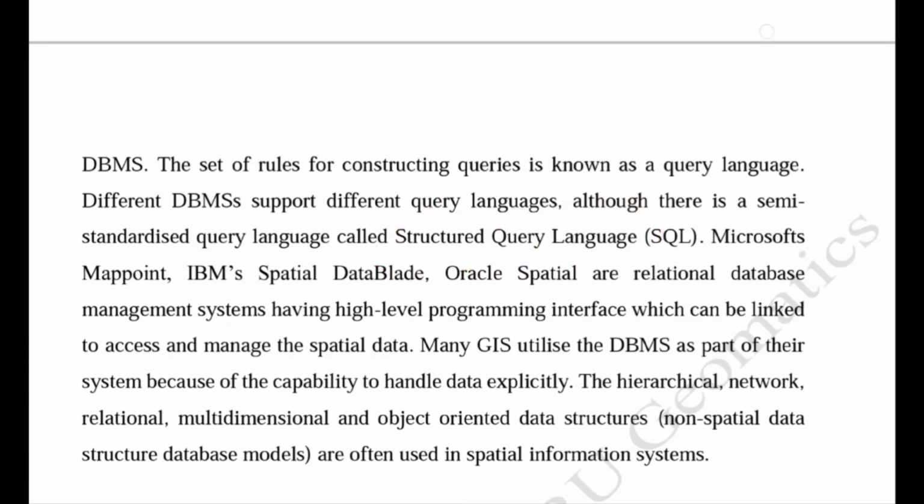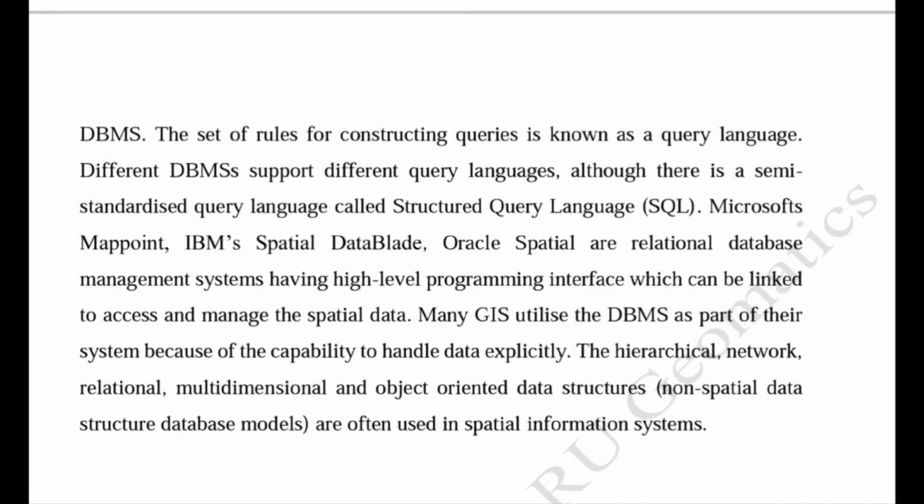As we have studied the types of DBMS, such as relational, hierarchical, object-based. Some examples of relational database management systems are Microsoft MapPoint, IBM's Spatial Data Blade, and Oracle Spatial.